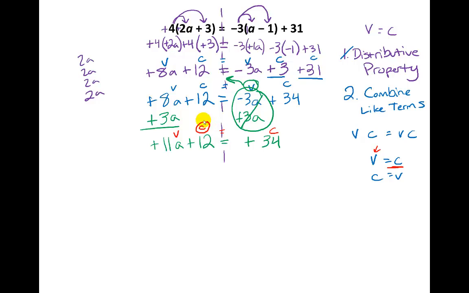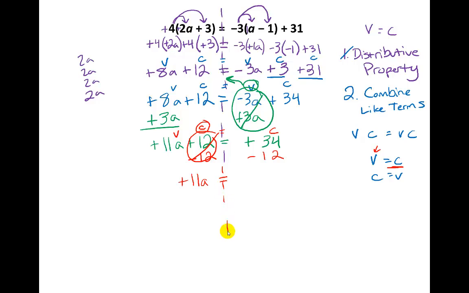I need to get rid of this constant term. So once again, I'm going to do the inverse. To get rid of this positive 12, I'm going to subtract 12. If I subtract 12 from the left side, I have to subtract 12 from the right side. 12 take away 12 is gone, so I'm left with a positive 11 a's on the left side.